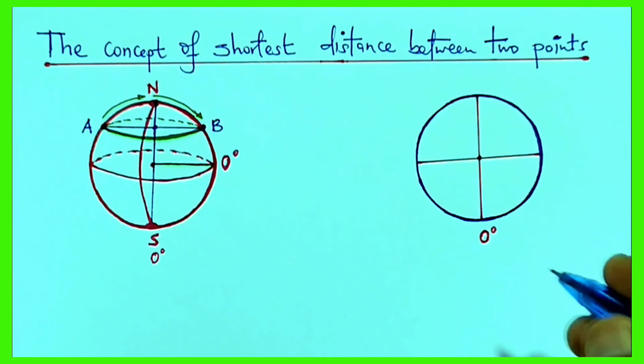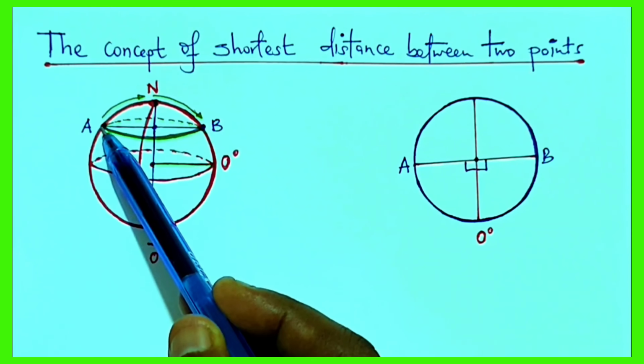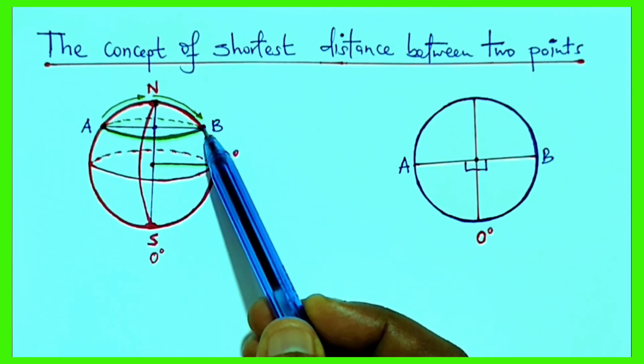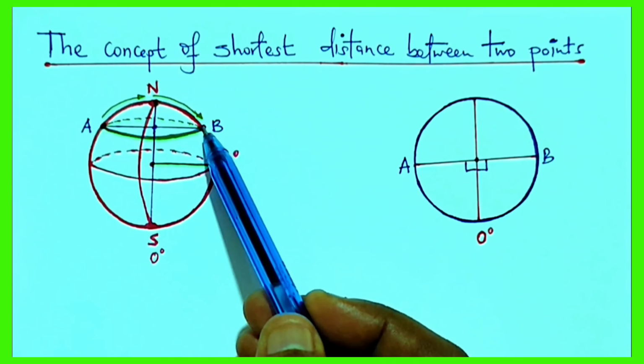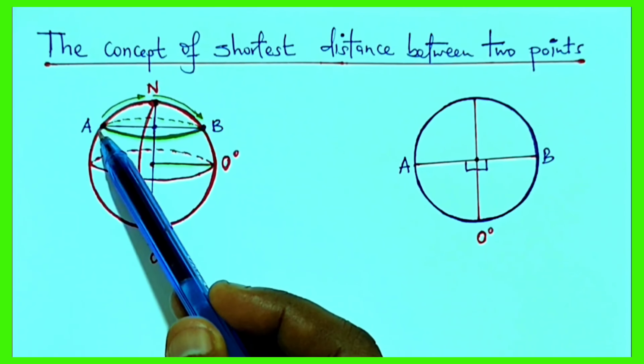So when 2 points are on the same latitude but on longitudes that are directly opposite or antipodal, or when theta is equal to 180 degrees, we say that the shortest distance between those 2 points will be along a circle of longitude or along a great circle through the nearest pole. For instance, here the nearest pole is the North Pole.